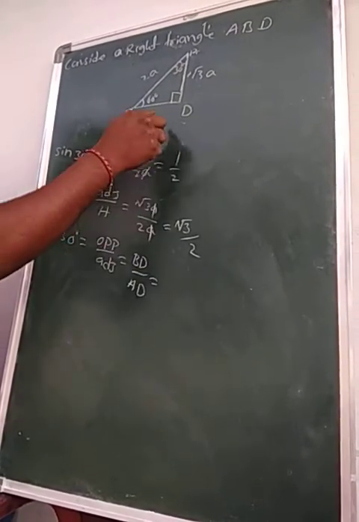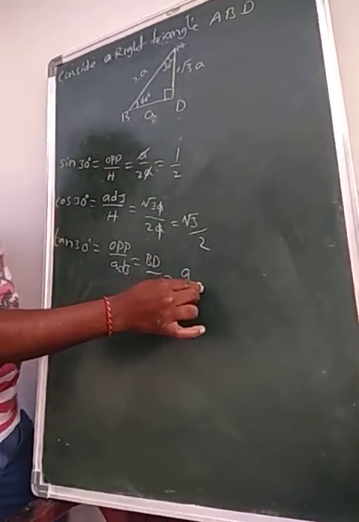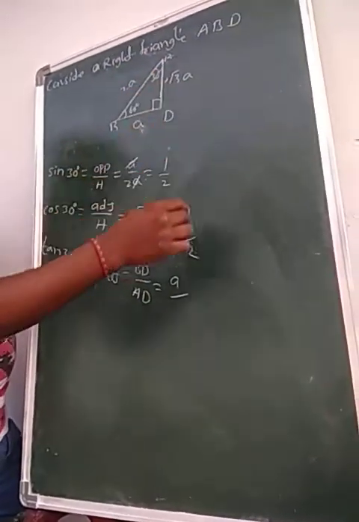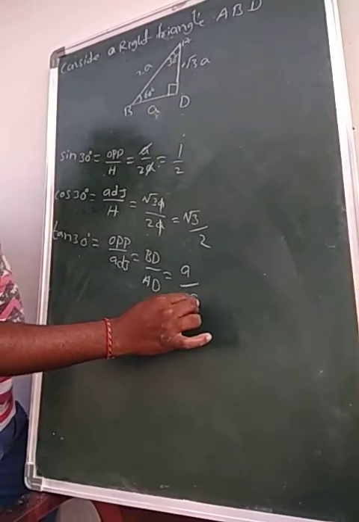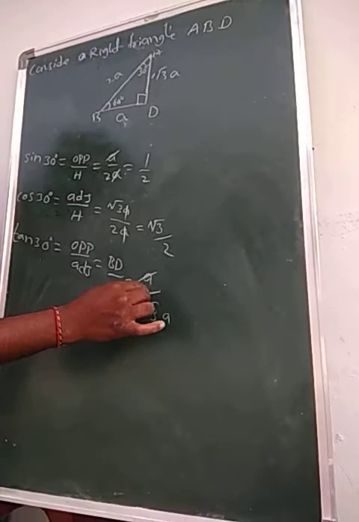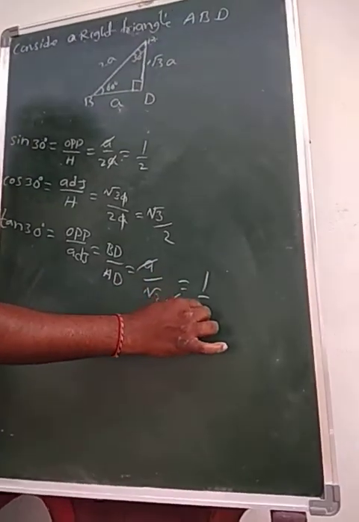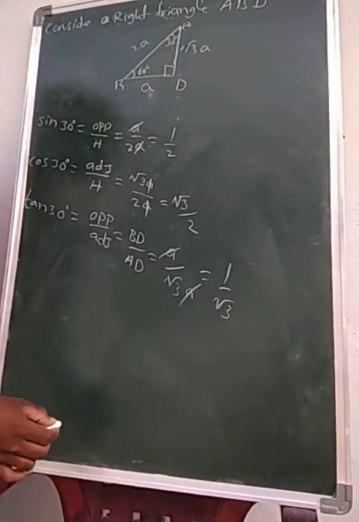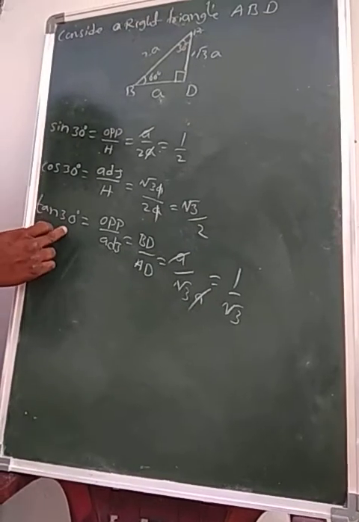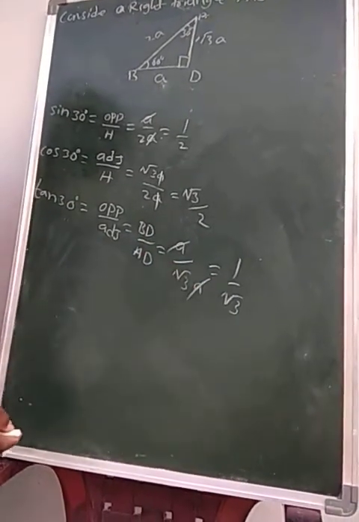BD is A, and AD is root 3A. A cancels, so we get 1 by root 3. So tan 30 equals 1 by root 3.